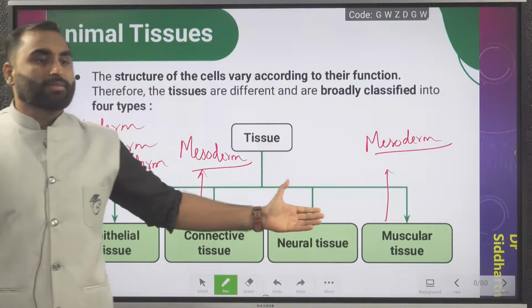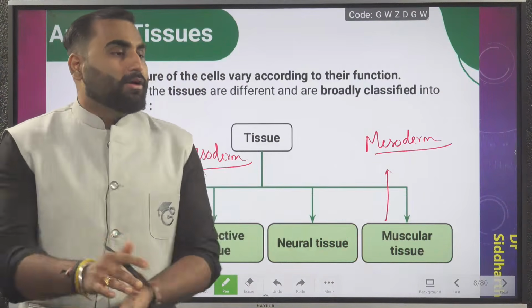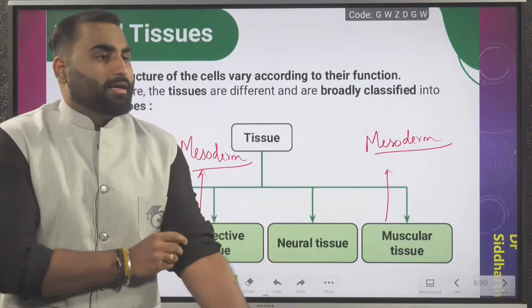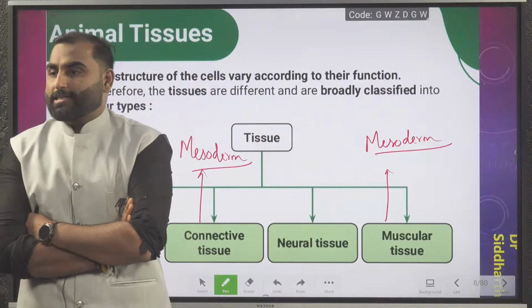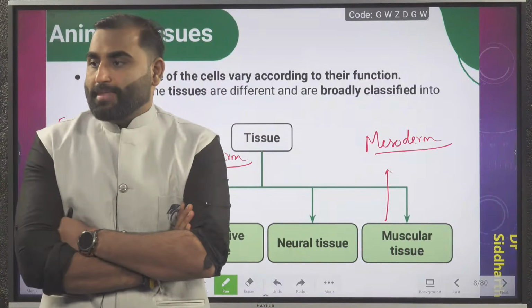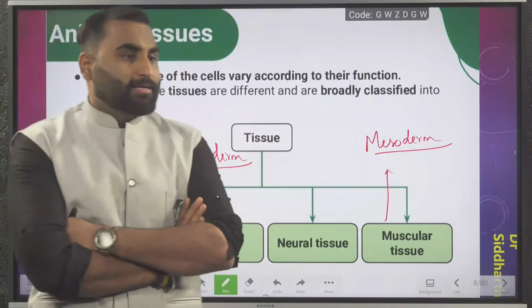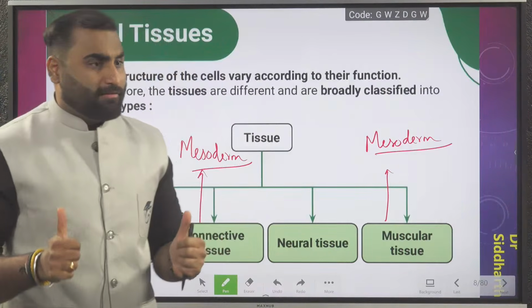Last, nervous tissue, neural tissue. Come on, tell me the answer. What will be the answer for nervous tissue? I'm checking the answers on YouTube and Zoom quickly. Majority of students have given the right answer. Very good.